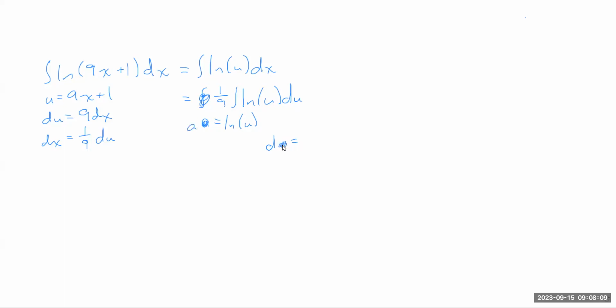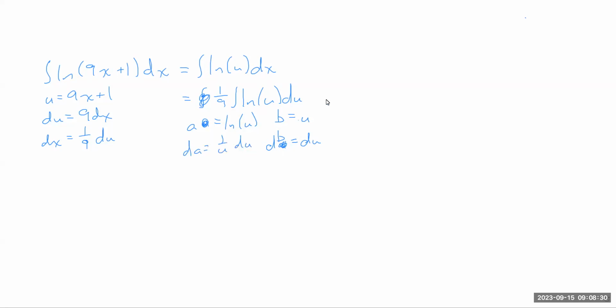A and db. So if I say a is natural log of u, what's db going to be equal to? du. Which means the other pieces are, what's b? u, and what's dA? 1 over u du.